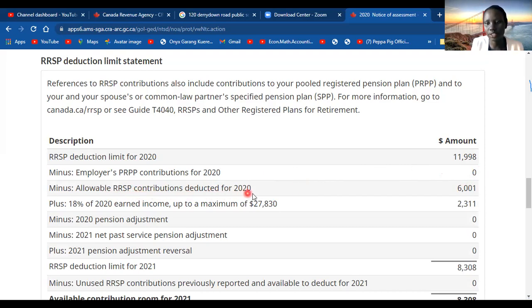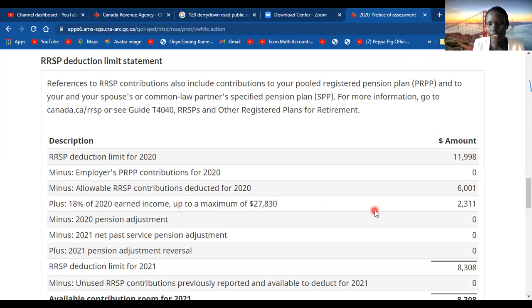RRSP contribution deduction for 2020. For 2020 it was 6,000 maybe, and that $1. Then they will calculate 18% of my 2020 earned income up to a maximum of 27,830.